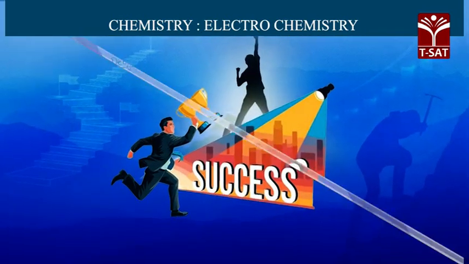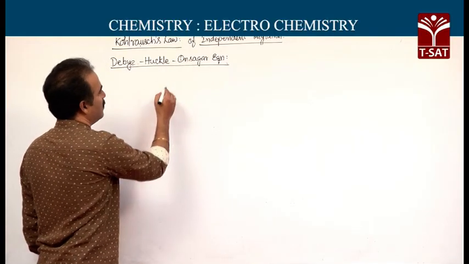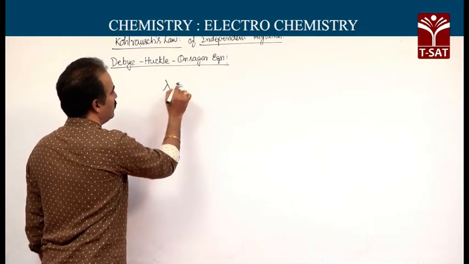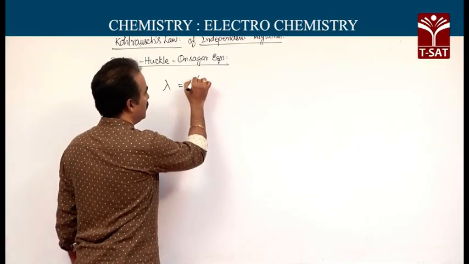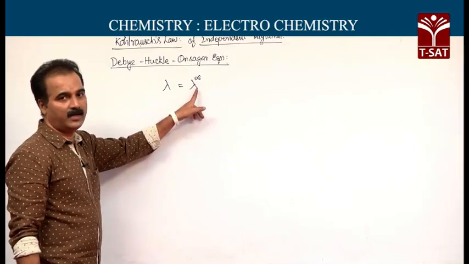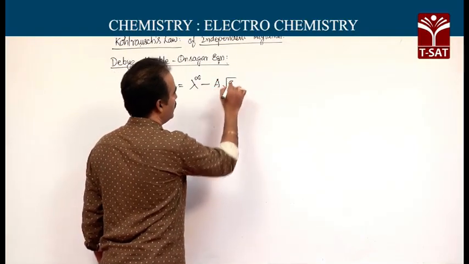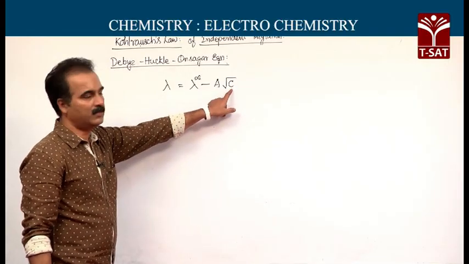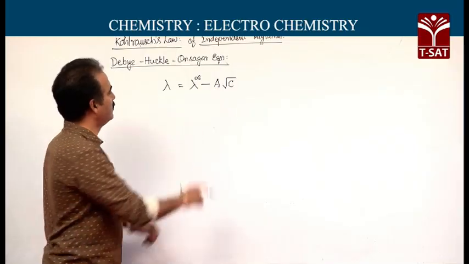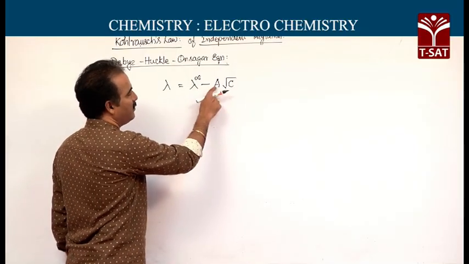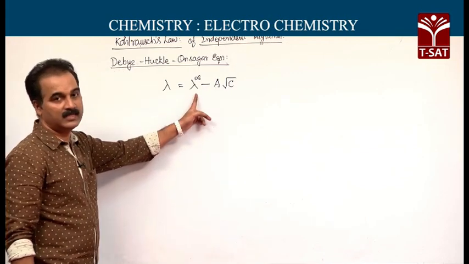We will study what the Debye-Hückel-Onsager equation is. According to this equation, the molar conductance of any electrolyte is its molar conductance at infinite dilution minus A root C, where C is the concentration and A is a constant which is independent of the solution. So, lambda is equal to lambda infinity minus A root C. What does this signify?